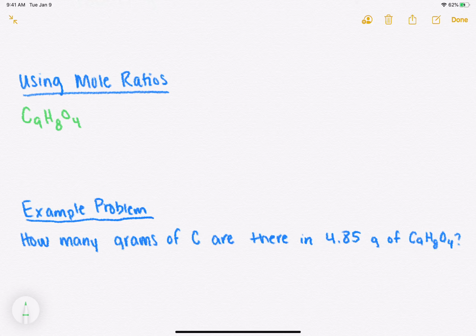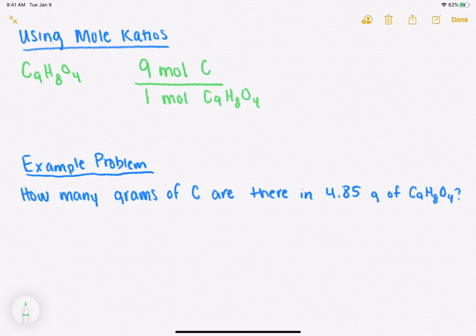So if we were to break this molecule up into its individual atoms, we would end up with 9 moles of carbon. So that allows us to write 9 moles of carbon will be present for every 1 mole of C9H8O4. And what that allows us to do is calculate the amount of individual carbon in this molecule. So we're going to do that in this example problem.